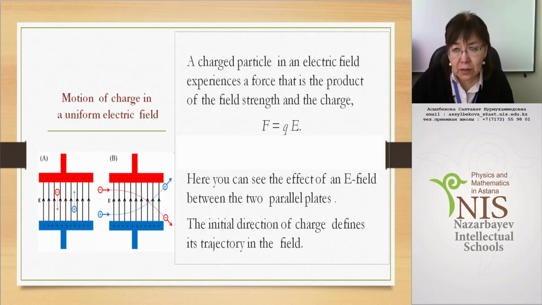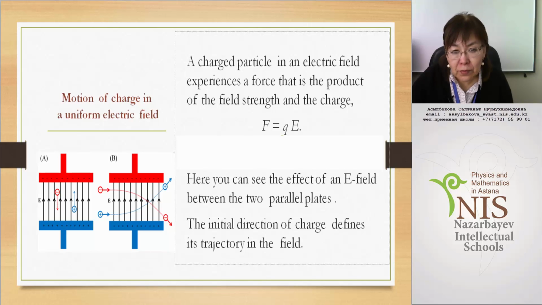A charged particle in an electric field experiences a force which is equal to the product of the field strength and the charge, F = QE. If you look at this diagram, you can see how the trajectory of the charge depends on the charge on the plates and the charge of the particle itself.